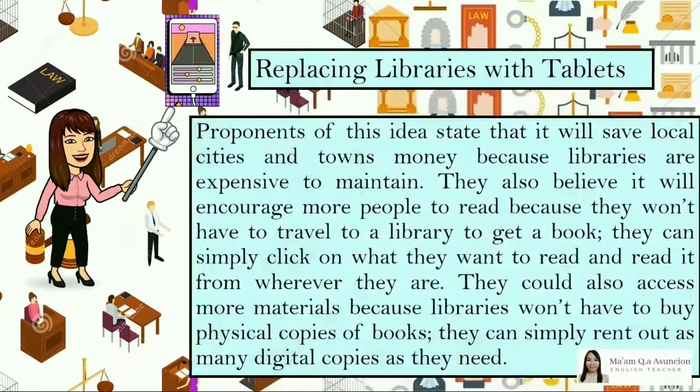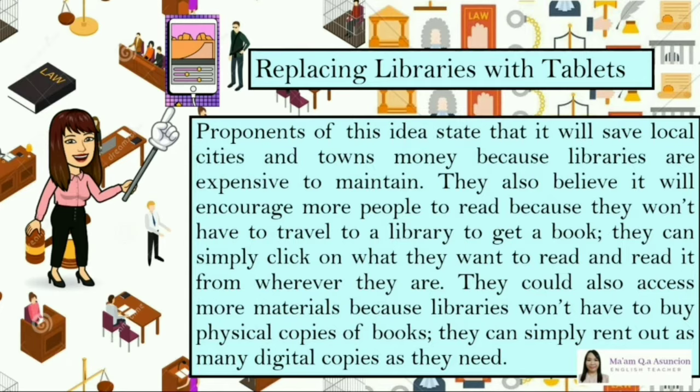Proponents of this idea state that it will save local cities and towns money because libraries are expensive to maintain. They also believe it will encourage more people to read because they won't have to travel to a library to get a book. They can simply click on what they want to read and read it from where they are.